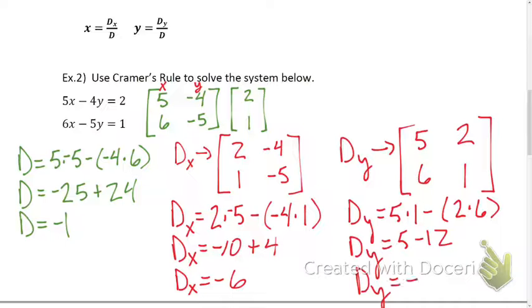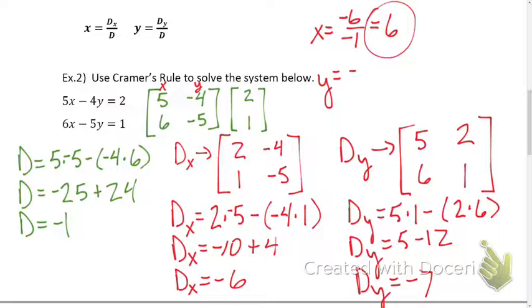And that is negative 7. All right, last step, plug into those formulas at the top of the screen, if you can call them formulas. For x, we're going to go negative 6 divided by negative 1, and we get 6. For y, we're going to go negative 7 divided by negative 1, and we get 7.